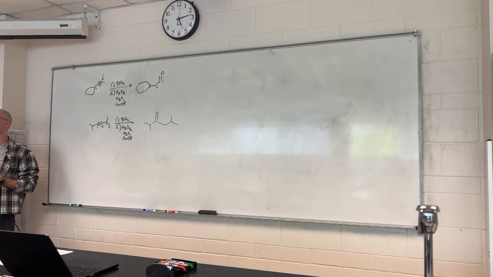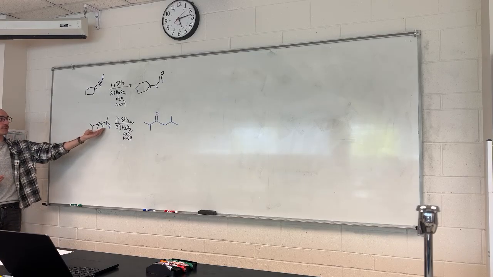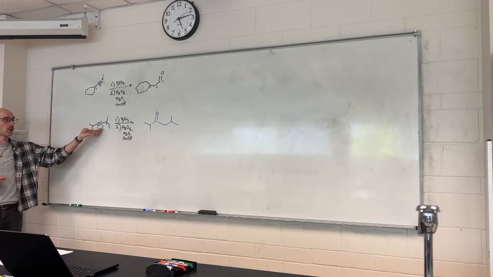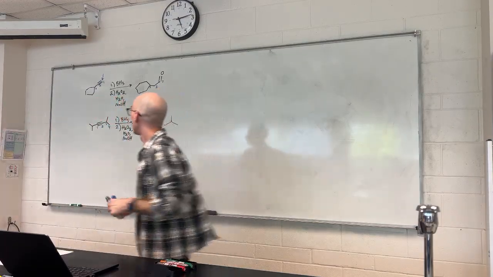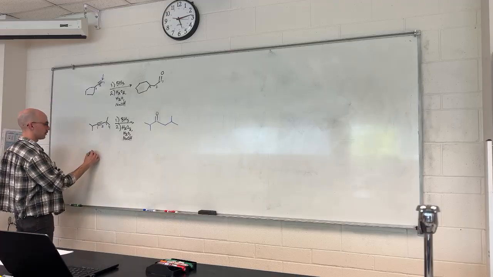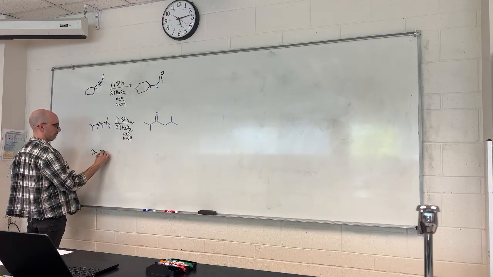This was a symmetric molecule anyways, right? So whether carbon 1 or 2 of the alkyne became the carbonyl carbon, I would have gotten the same structure no matter what. What happens when things go a little bit differently?